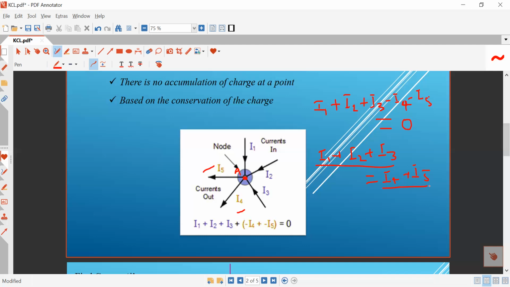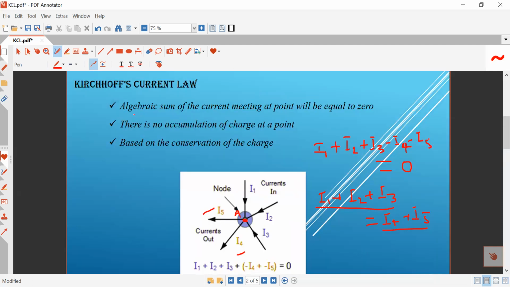So in any way, you can explain Kirchhoff current law. According to Kirchhoff current law, you can say the total incoming current at a point will be equal to total outgoing current. So both statements are the same. Algebraic sum of current meeting at a point, or the total incoming current equal to total outgoing current, these two statements are the same, which is Kirchhoff current law.